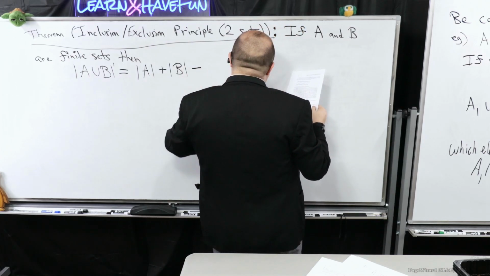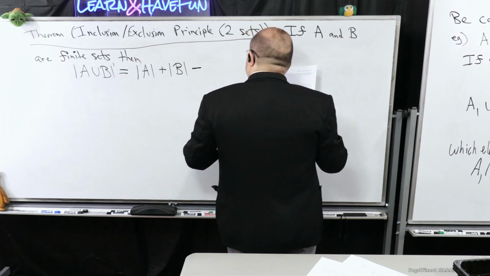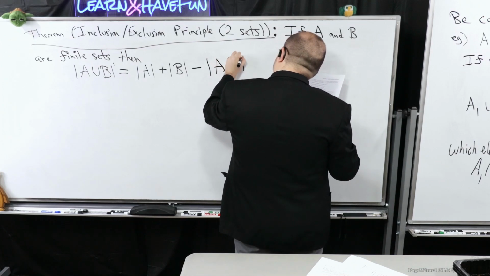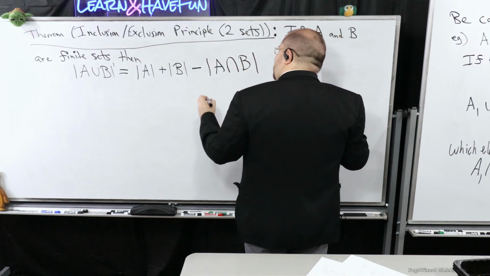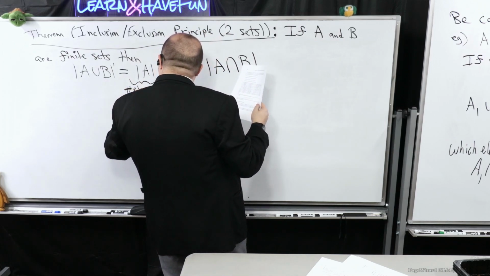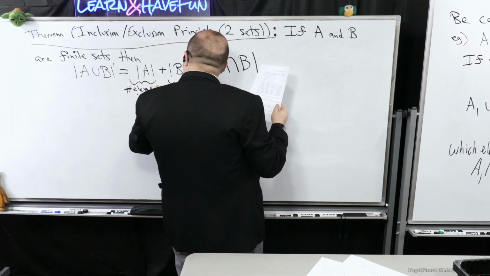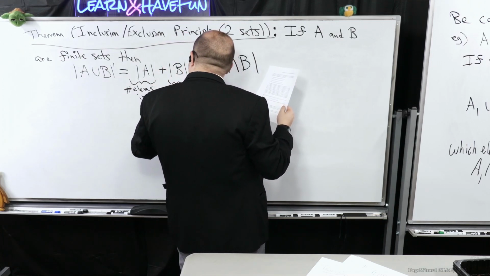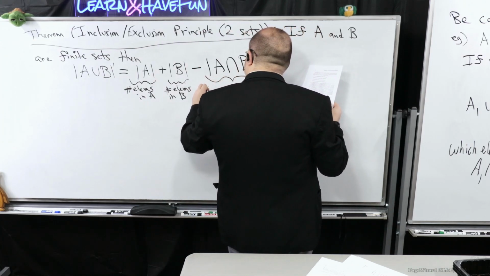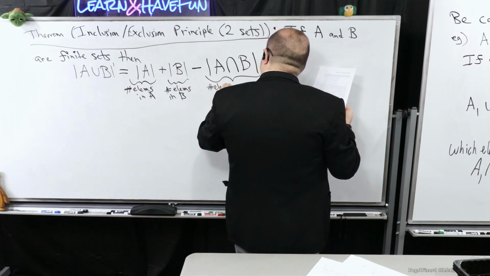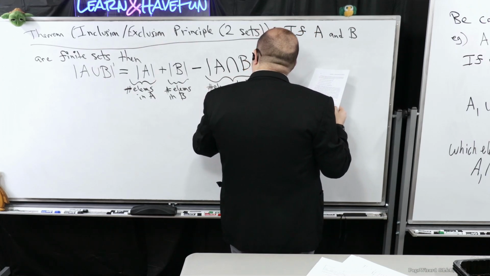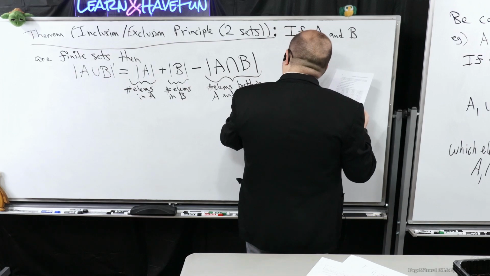So I'm going to get rid of the elements just like I did over here that are in common amongst the two. So I take A intersect B. So these are the number of elements in A. These are the number of elements in B. And these are, of course, the number of elements both in A and B, which you could think of, like we talked about, as the duplicates.